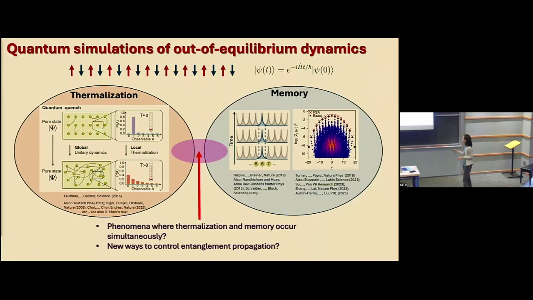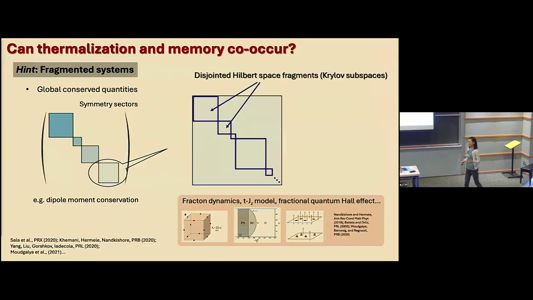Maybe if you can have this intermediate regime, that might lead to new ways to control entanglement propagation. Now, I don't talk about any control of this entanglement propagation in my talk, but I want to pose this question to stimulate discussions, and maybe some of you who work on quantum control might have some interesting suggestions.